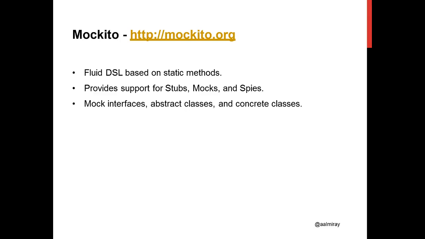And finally, you have spies, which are real objects for which you just want to mock out or fake out certain replies. Let's say you have a real response object, but you only want to fake out the status code, and there is no setter that you can see from the outside. You only fake out the get status code in this case. But the rest of the behavior of the response object, you want the production behavior. So you use a spy for this.